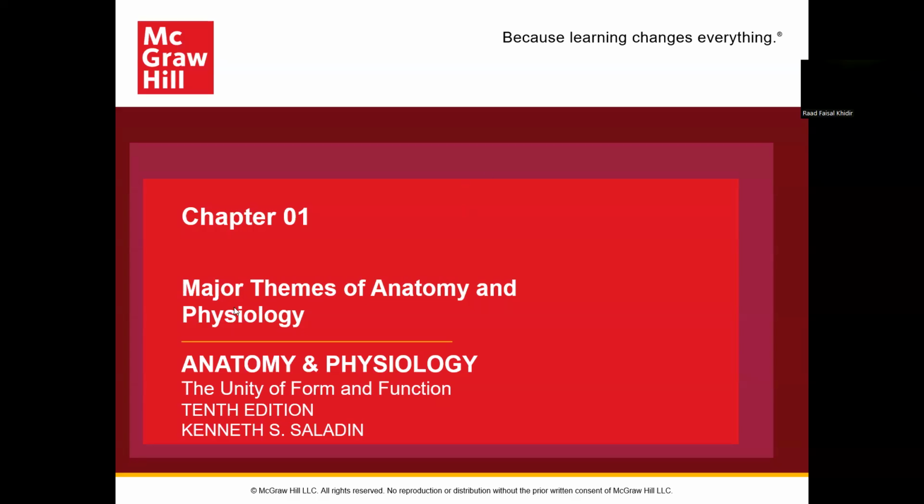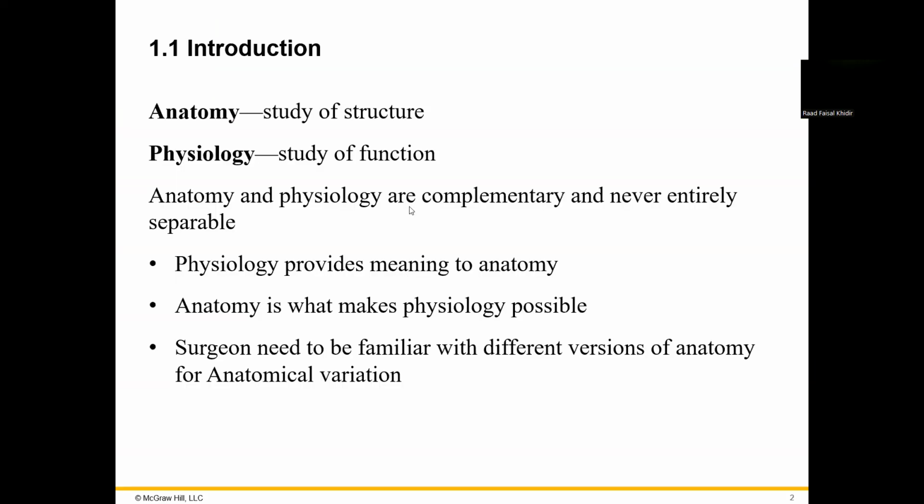Okay, so we're gonna continue the major themes of anatomy and physiology. We discussed in our previous illustration that we have four micromolecules that give us four macromolecules.